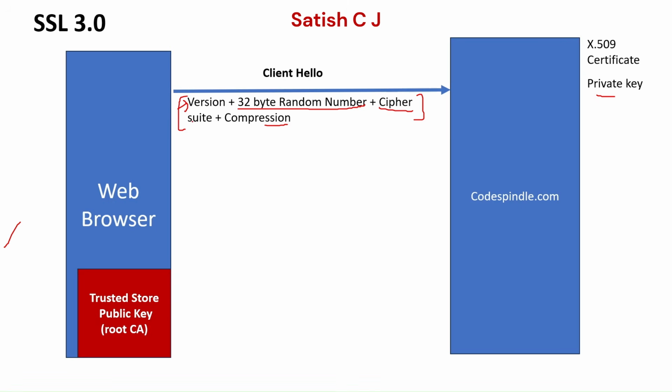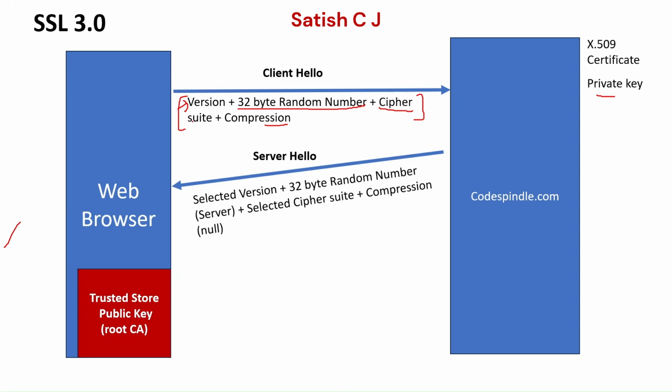What the server does is send a reply with a server hello. Present as part of the server hello message is the selected version, say SSL 3.0, and a 32-byte random number from the server. So this is a random number generated by the server and sent.